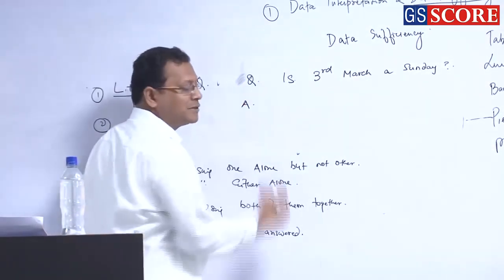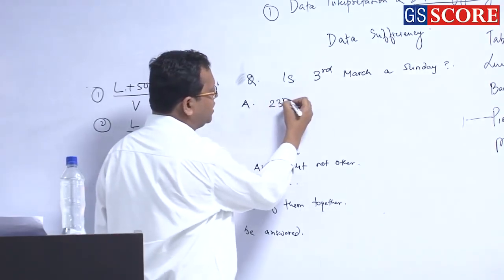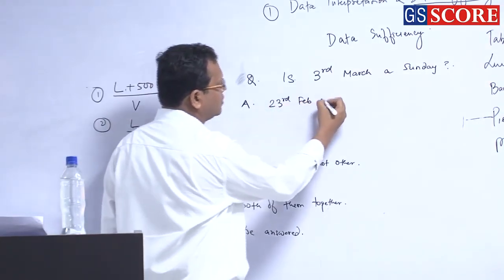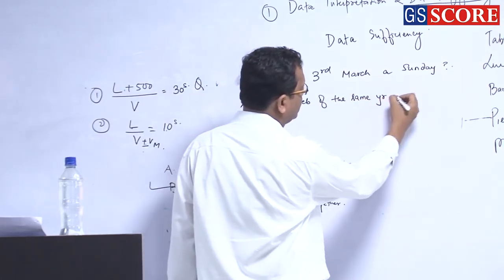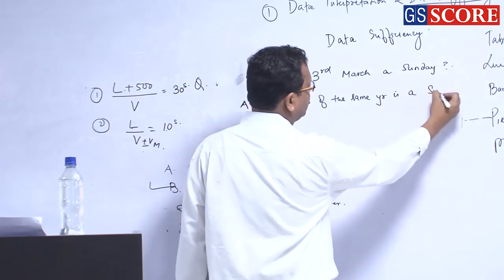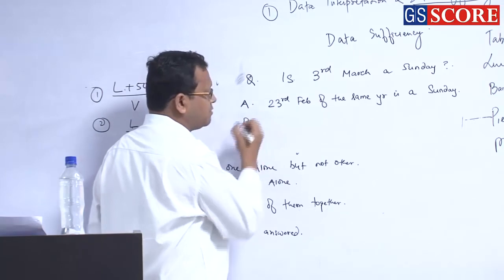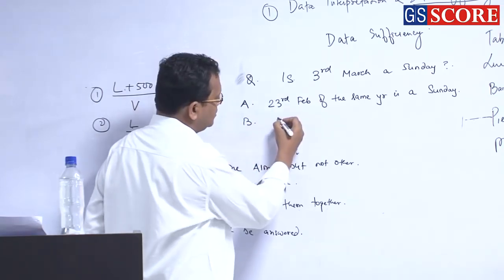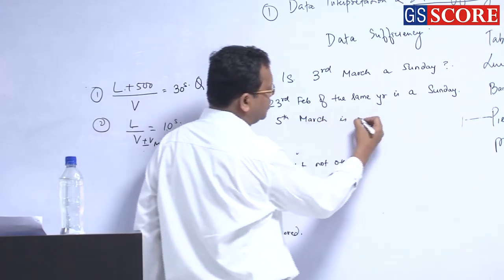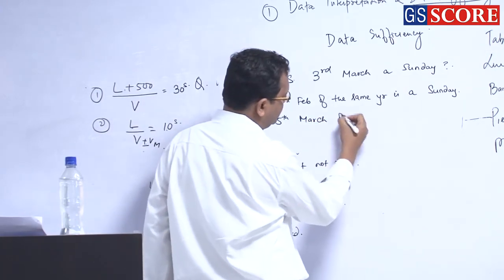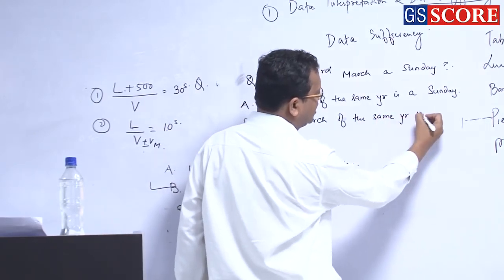My first statement, 23rd Feb of the same year is a Sunday. My second statement, 5th March of the same year, because I have to be very clear here, is a Wednesday.